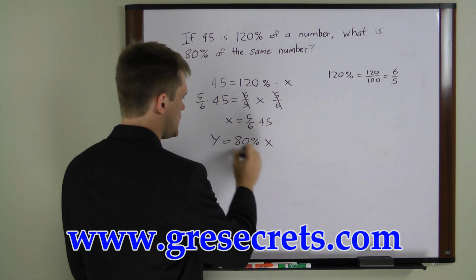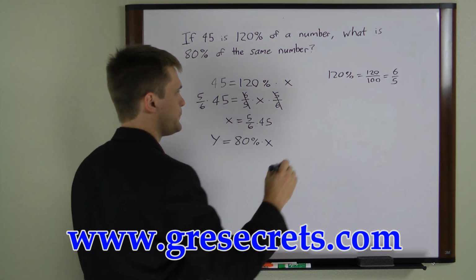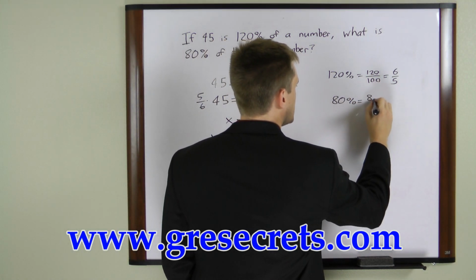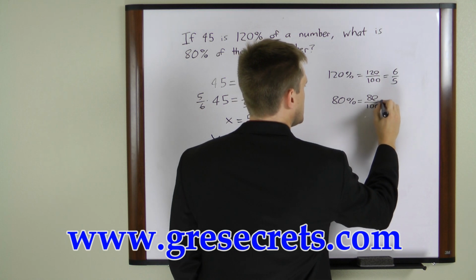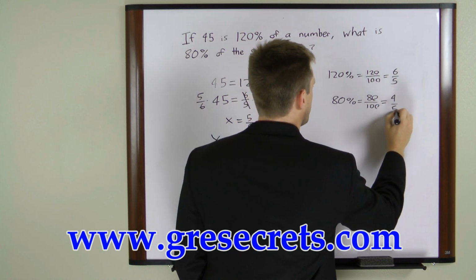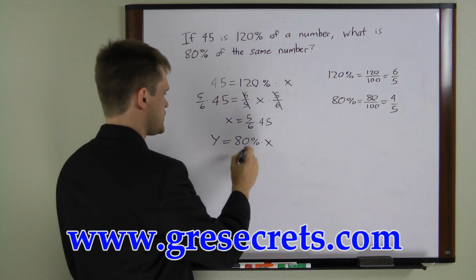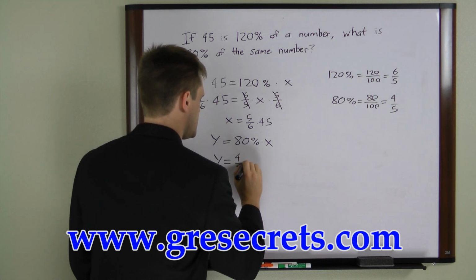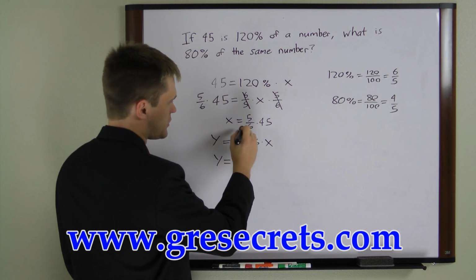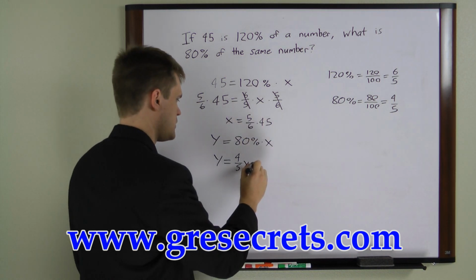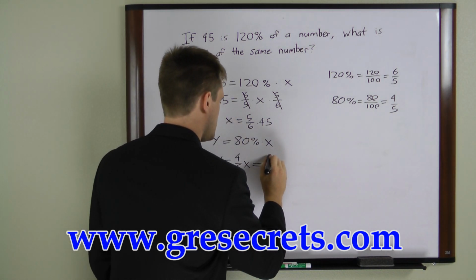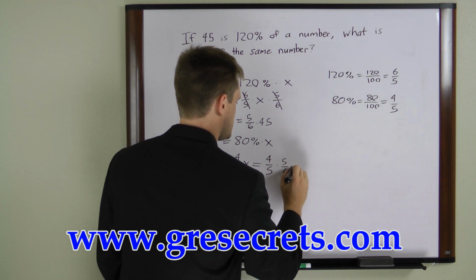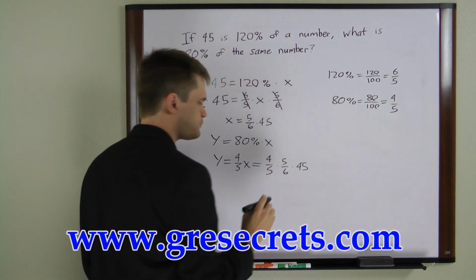Now let's convert 80% to a fraction also. 80% equals 80 over 100, which is the same as 4 over 5. And now we can substitute that back into here. y equals 4/5 times x, or if we substitute this value in for x, we get y equals 4/5 times 5/6 times 45.